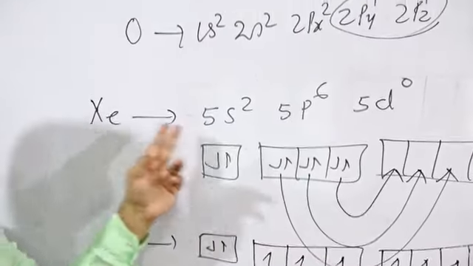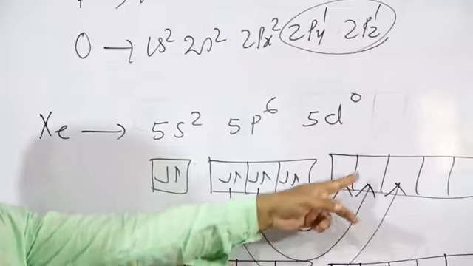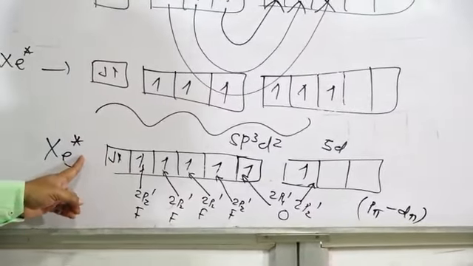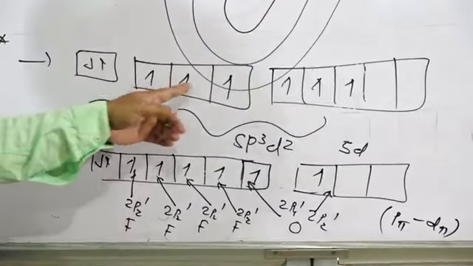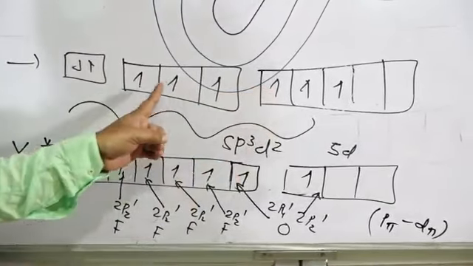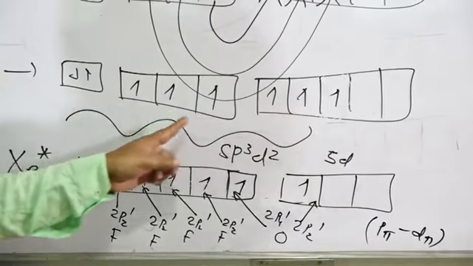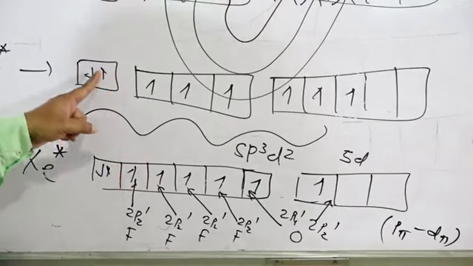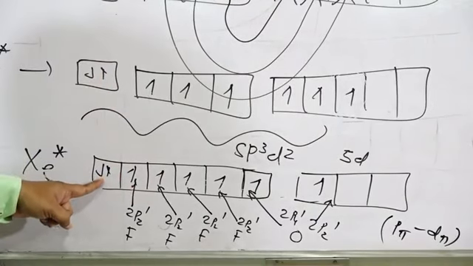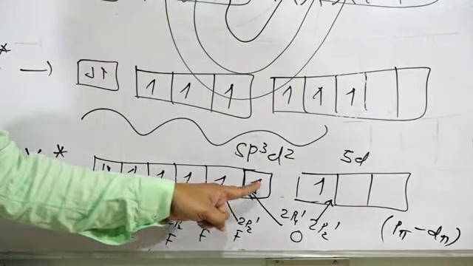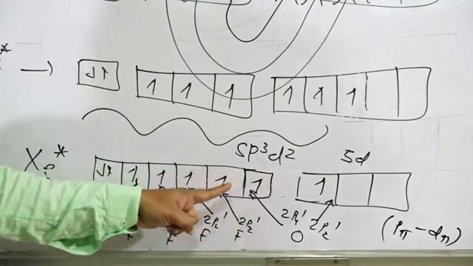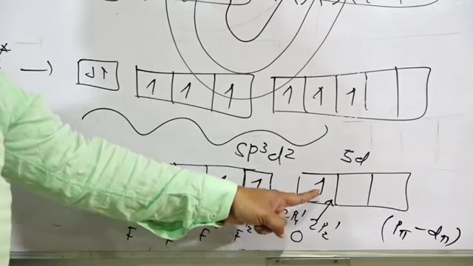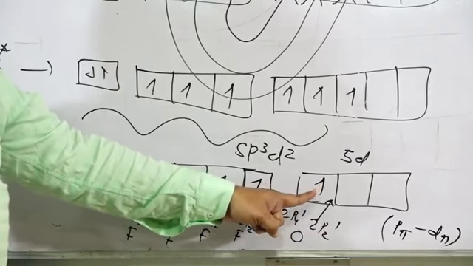So xenon atom 5s2, 5p6, 5d0, promoted electrons. Xenon atom excited contains 6 unpaired electrons. And among these 6 unpaired electrons, sp3d2 hybridization is going on. There is the presence of 1 lone pair of electrons and 5 electrons are there in the hybrid orbitals. 1 electron in the unhybridized orbital is responsible for pi bond formation.